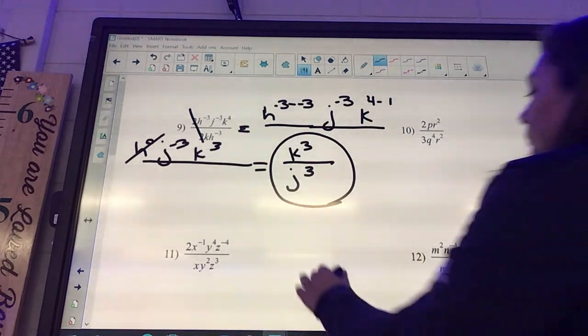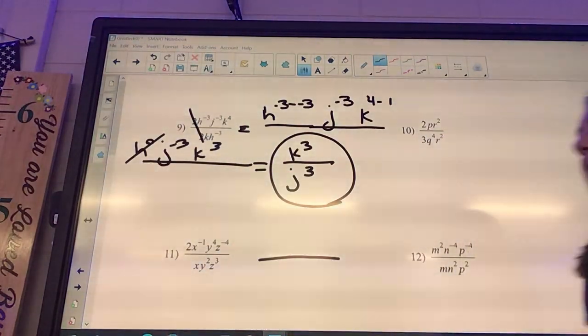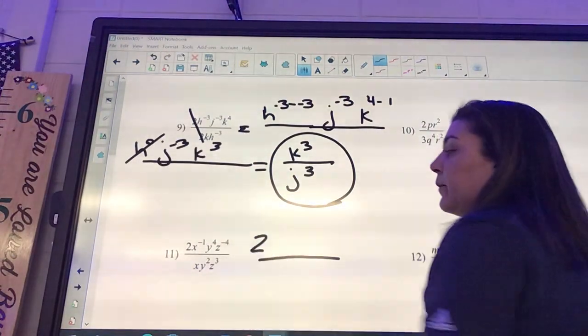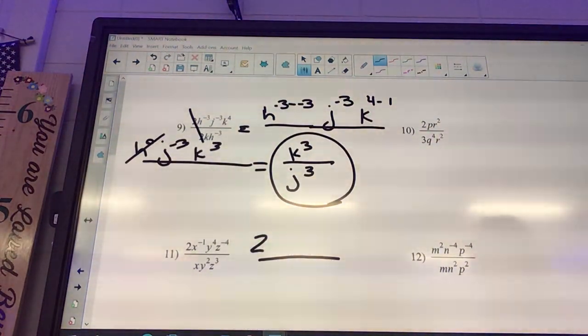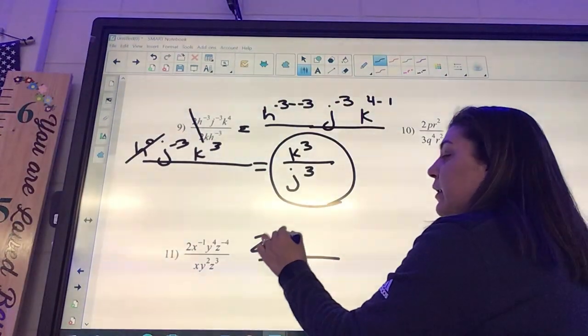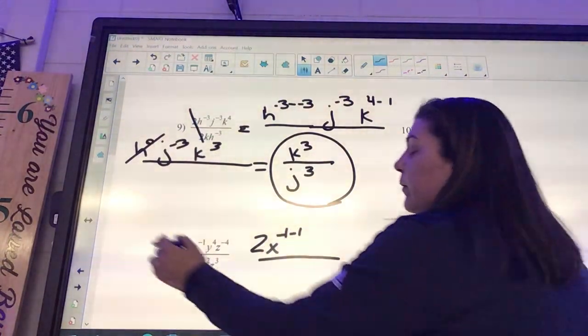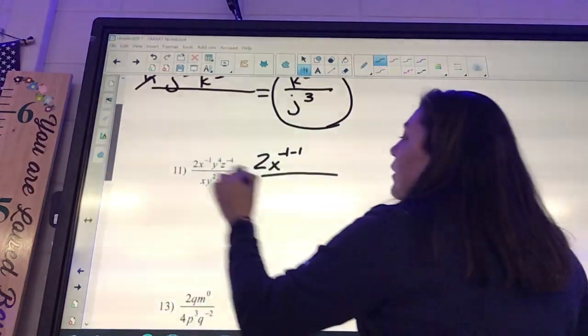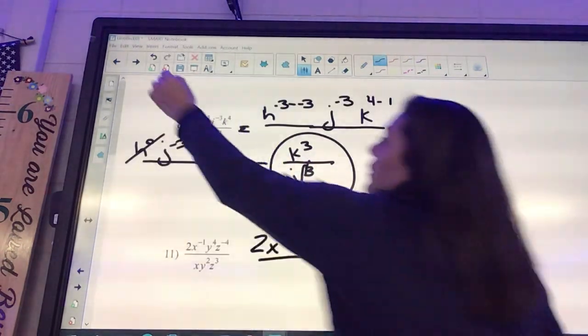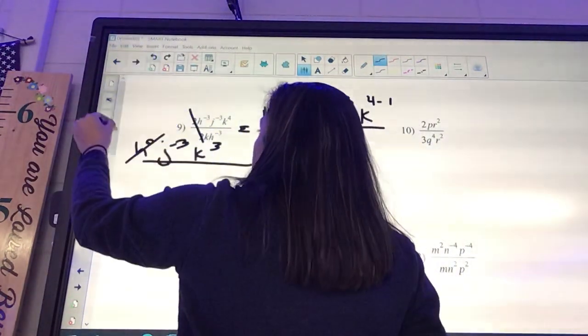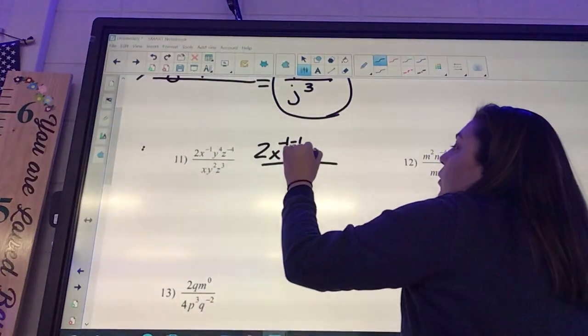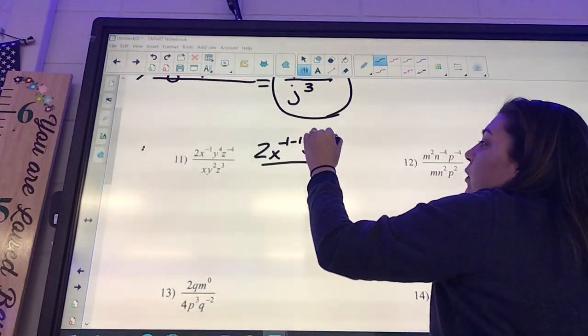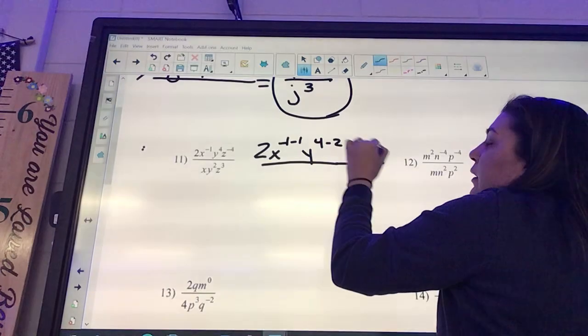Okay, 11. Keep your bigs where they're at. So put your 2 down. And then you got x to the -1 minus 1. Y to the 4 minus 2.